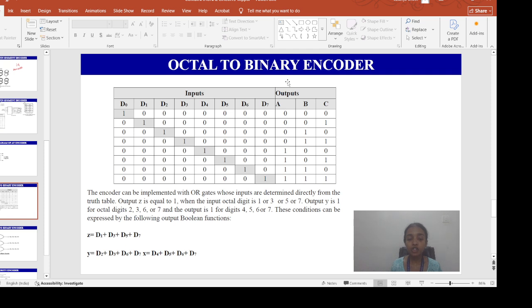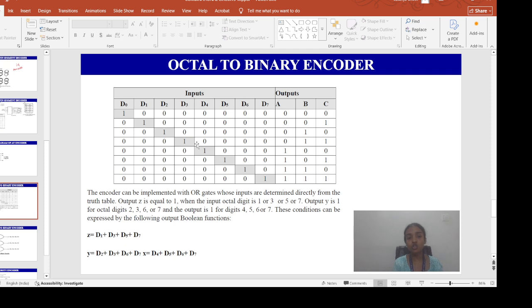It is assumed that only one input has a value of 1 at any given time. So how do we implement this? First we put the 8 inputs from D0 to D7, and the 3 outputs are A, B and C.